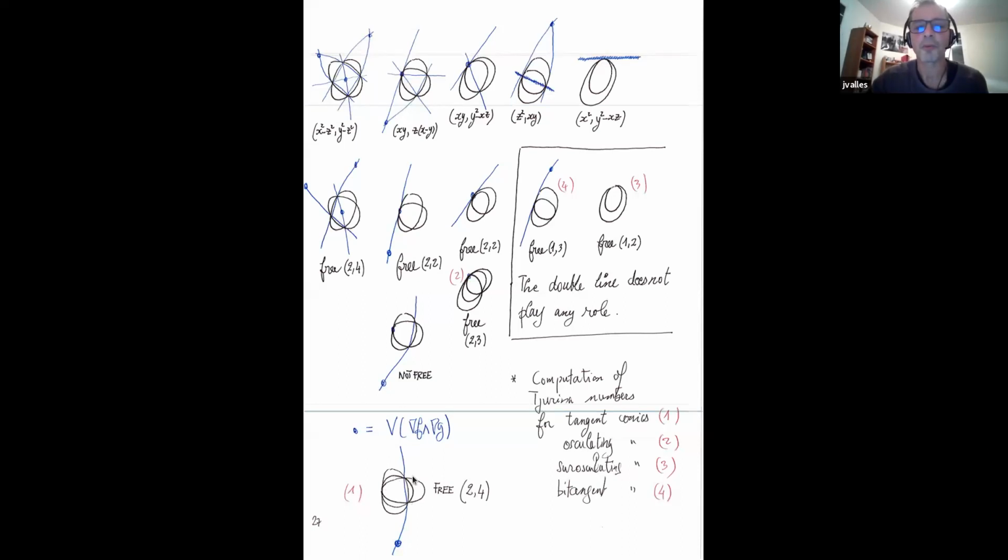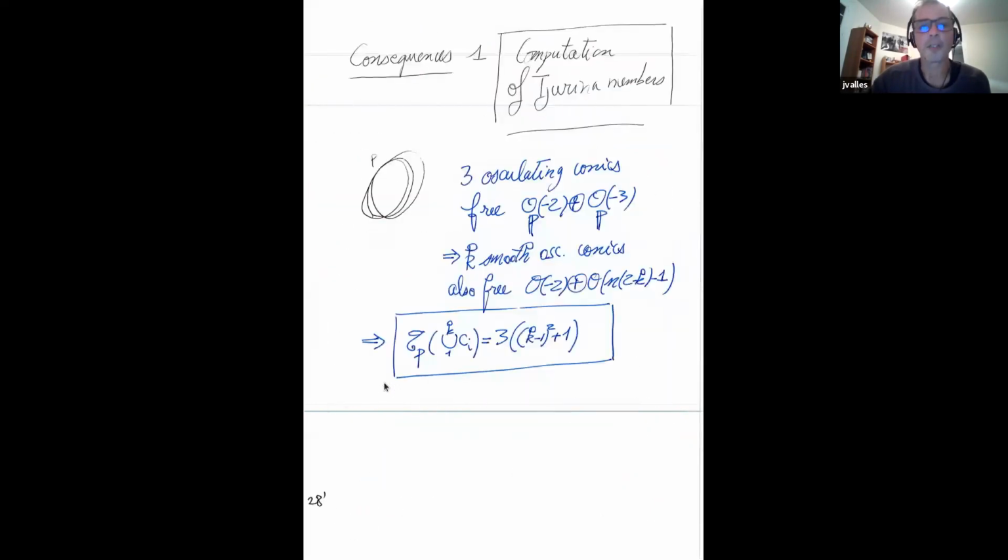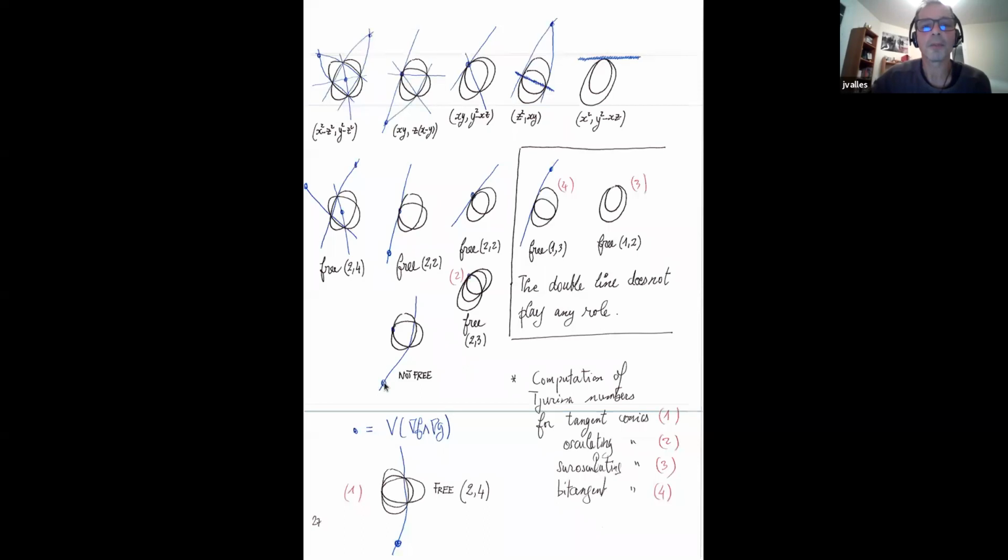If we add a smooth curve in the tangent pencil, and we keep this line, this blue point has to be on it, you have to pass through this blue point. If you do not take a component passing through this blue point, then this blue point will come in the zero locus of the section, and this section could not be free.